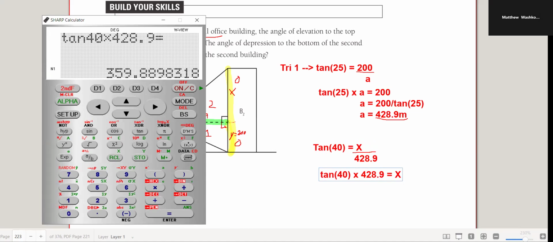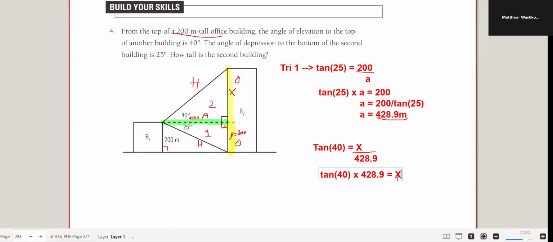Should get 359.9 meters. Right? That's this one here. So cool. The answer is 359.9.